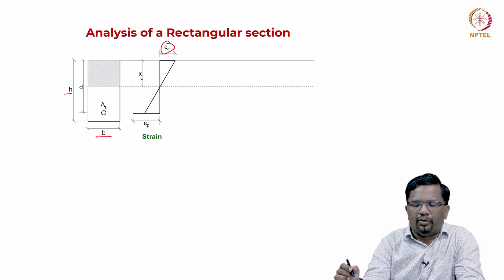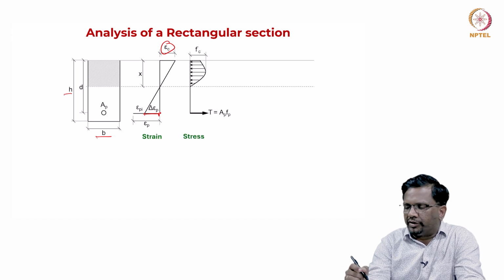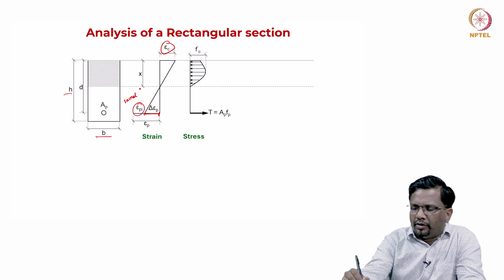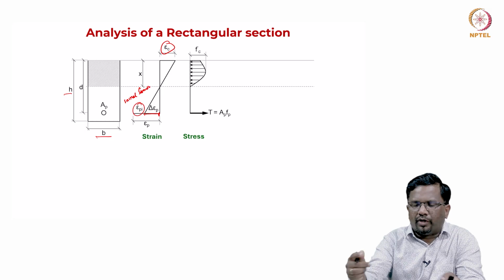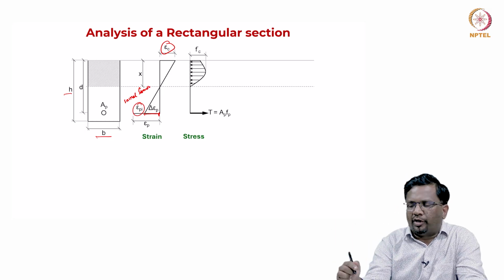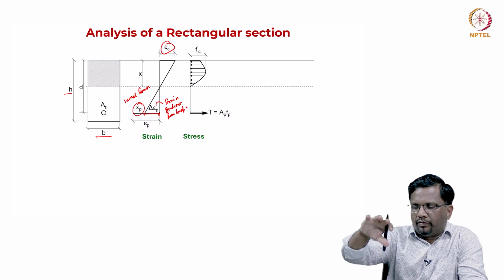Once x is known, we can find the strain at this point. In pre-stressing we have two things. We have already discussed epsilon pi, which is the initial strain to which we are stretching the cable. Delta epsilon p is the strain gradient from the external load.